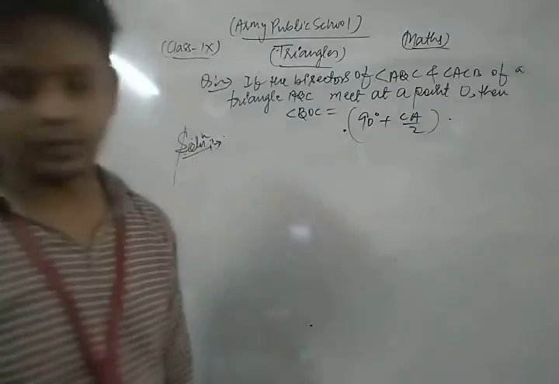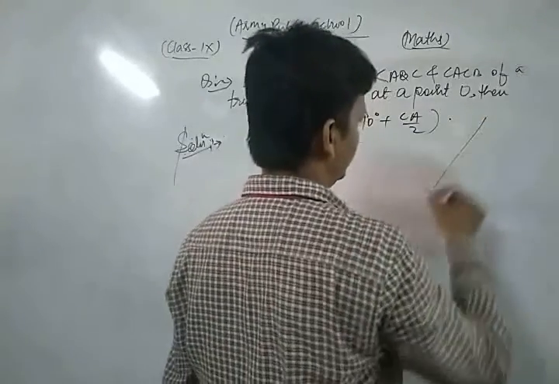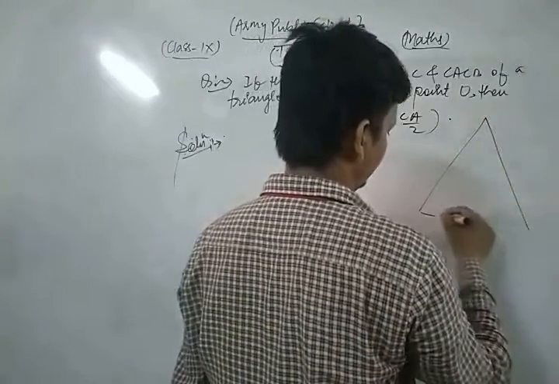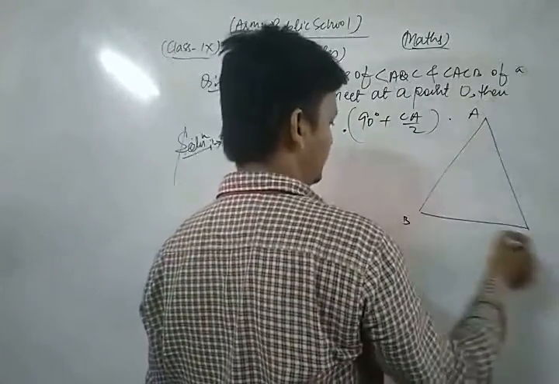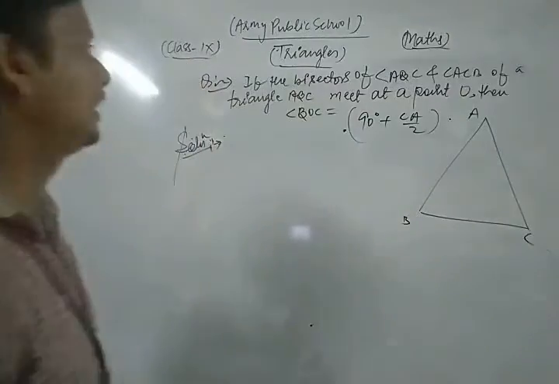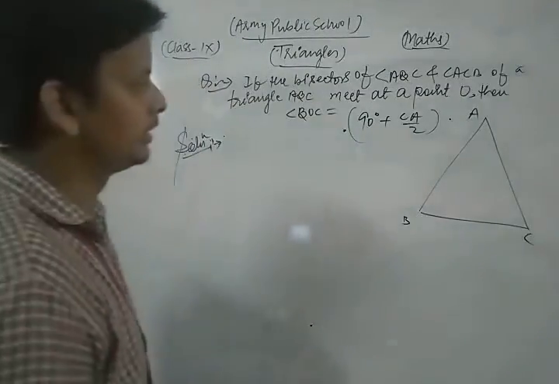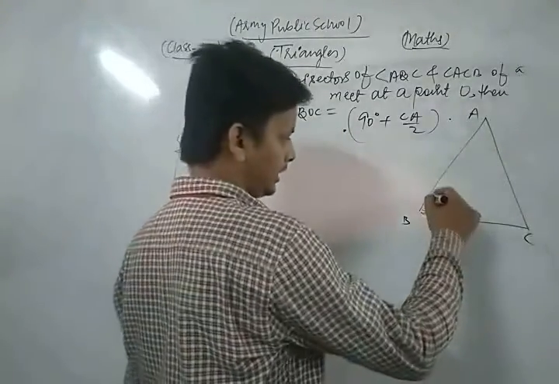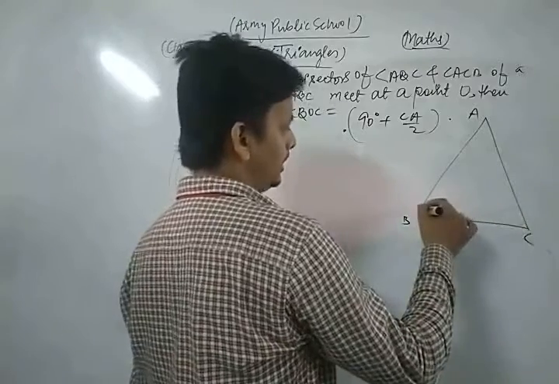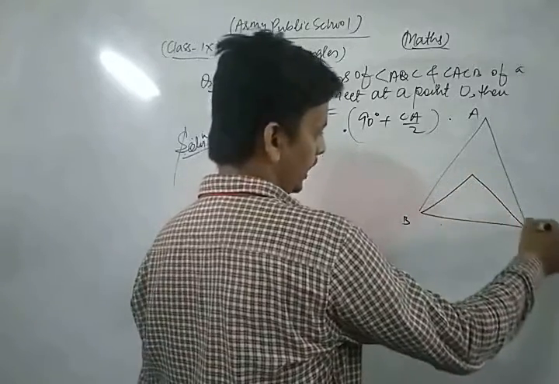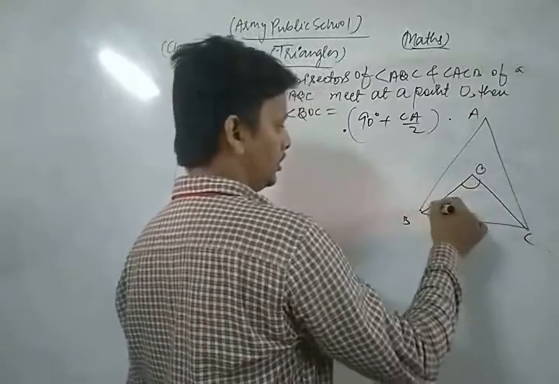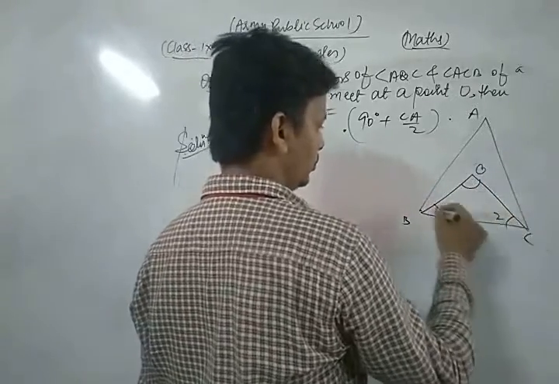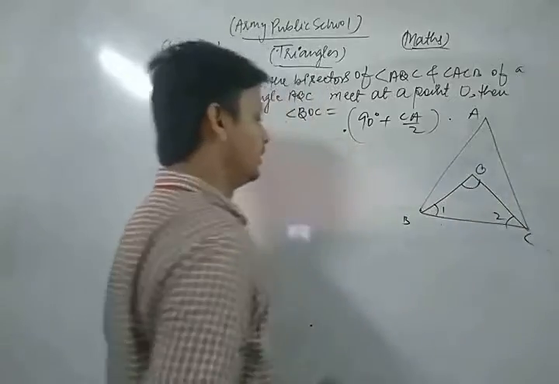Now look, first of all we draw a triangle ABC. According to the question, the bisectors of angle ABC and angle ACB meet at a point O. We take angle 1 and angle 2, and we have to show this.